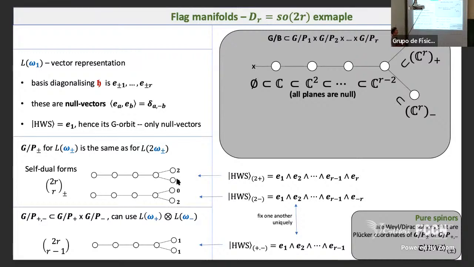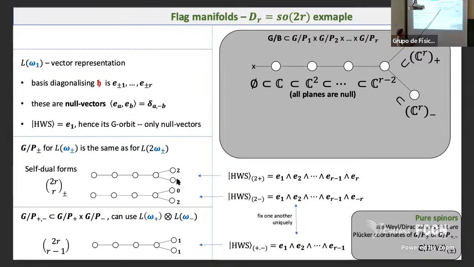And the diagonal Cartan vectors are actually null vectors. In the case of the orthogonal group, we have a scalar product, and we can compute a bilinear form for vectors, and all these vectors are actually null. So in particular, the highest weight is null. It's like the light cone in physics. And of course, the orbit of a null vector will always stay a null vector.